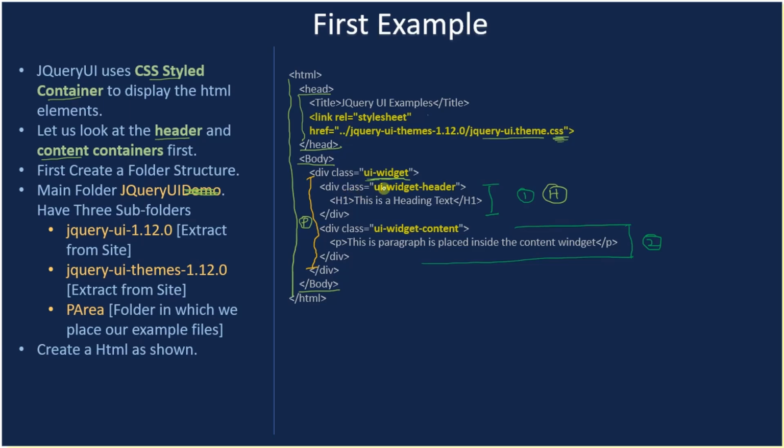attribute. By this time you should have some good knowledge of CSS, or you can refer to our CSS course. We have a separate playlist for CSS. When you look at the CSS file which we downloaded, it will have something called .ui-widget. This will be the selection rule.